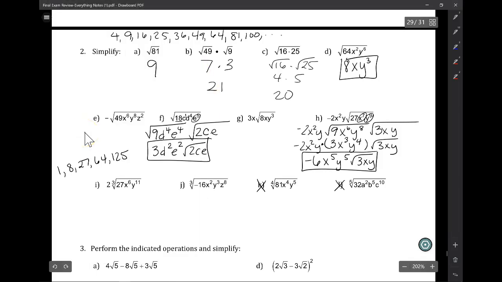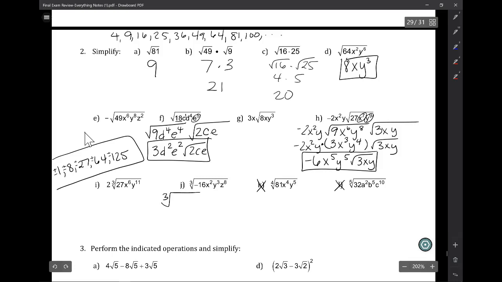So the reason why I'm bringing this up is all of my perfect cubes can actually be positive or negative. All of these would have a big plus or minus in front of it because positive 8 and negative 8 are considered perfect cubes.